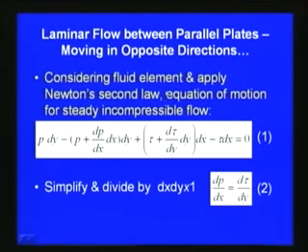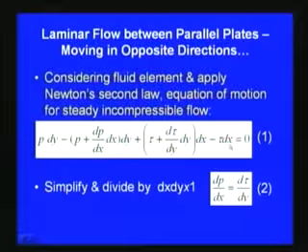Now, if we apply Newton's second law of motion for steady incompressible flow, we can write the expression as p into dy minus p plus dp by dx into dy plus tau plus d tau by dy into dx minus tau dx equal to 0.